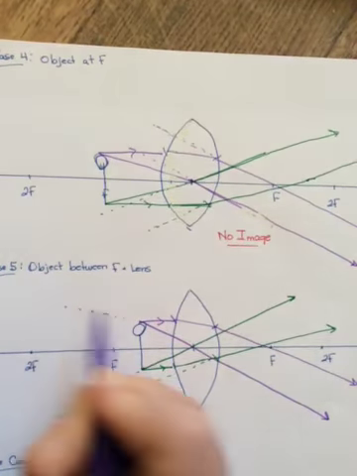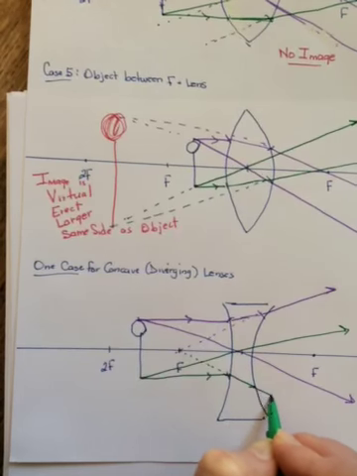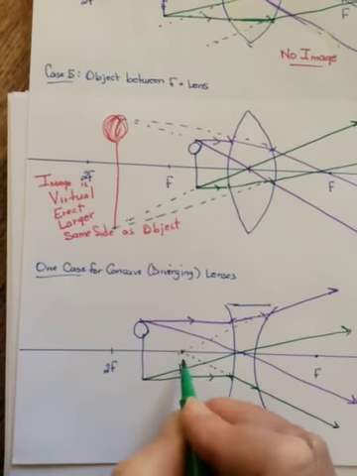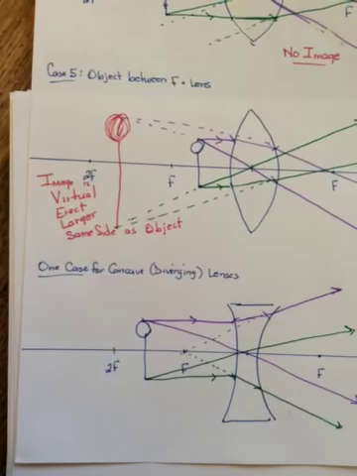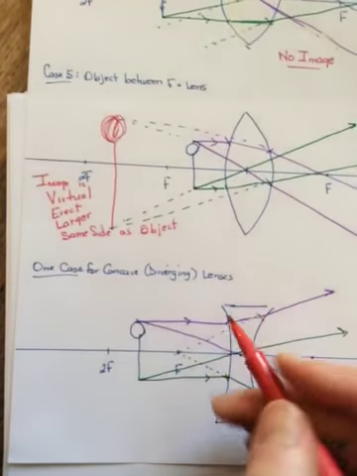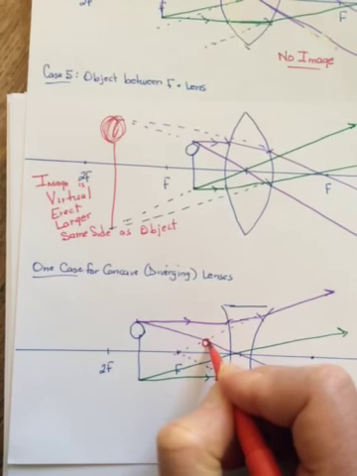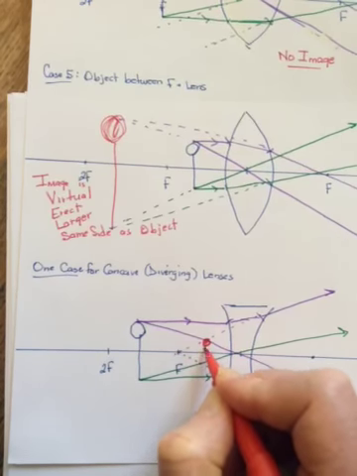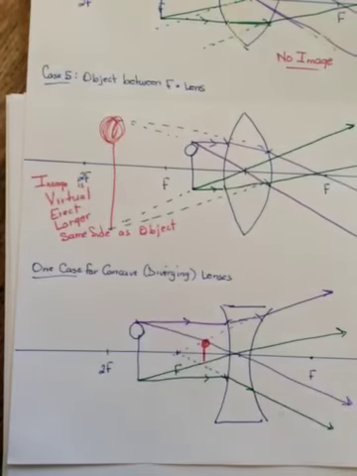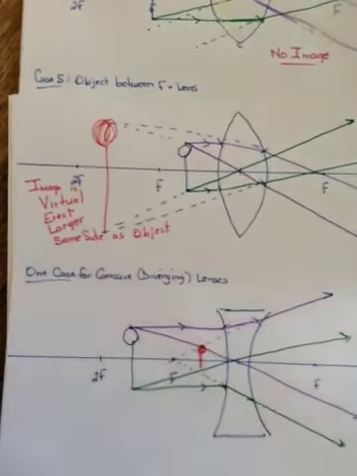A ray going in parallel to the principal axis will get bent in such a way that if you follow it back, it will look like it was coming from F. Okay? So where do they cross? This is where the purple one crosses, right here. And this is where the green one crosses. So check out our little image. He's right side up.